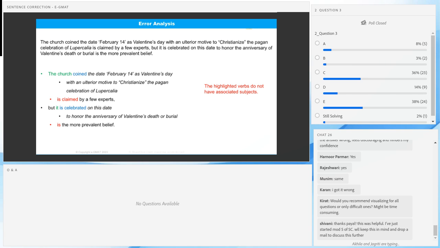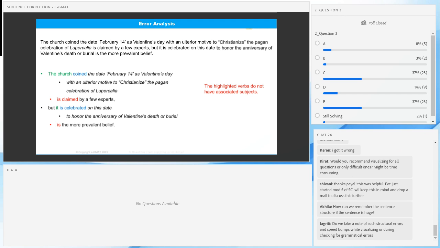Now, in your strategic review, if you're not able to identify this once you see the solution, this is the importance of having detailed solutions. My feedback to people who are studying using OG solutions: OG questions are amazing, OG solutions are horrible, to say the least. But the questions are very, very good.